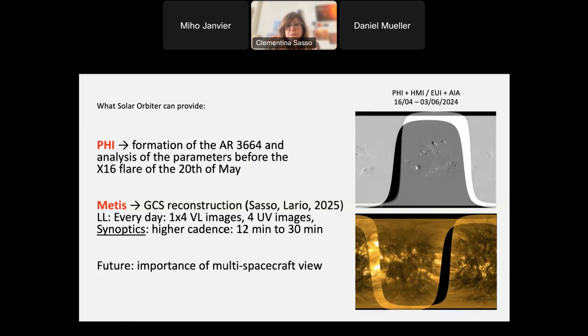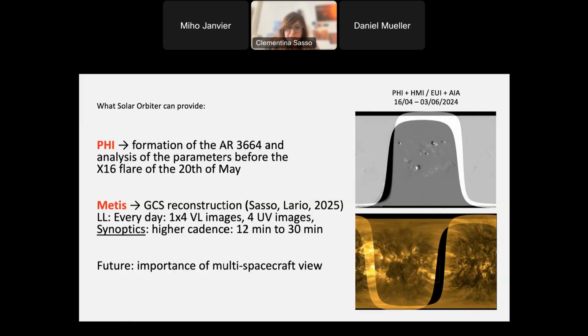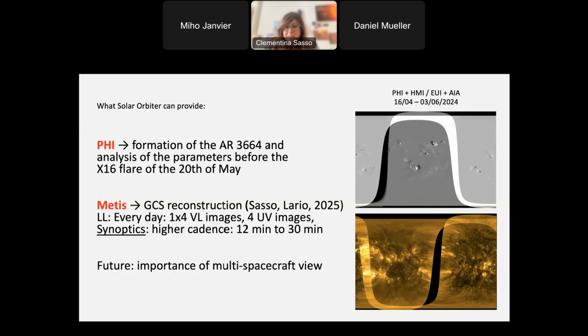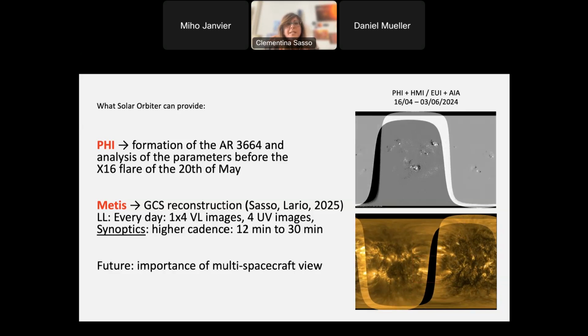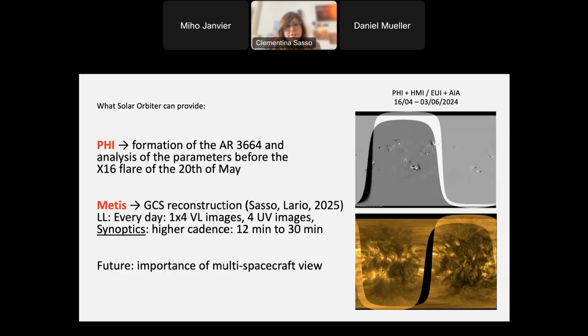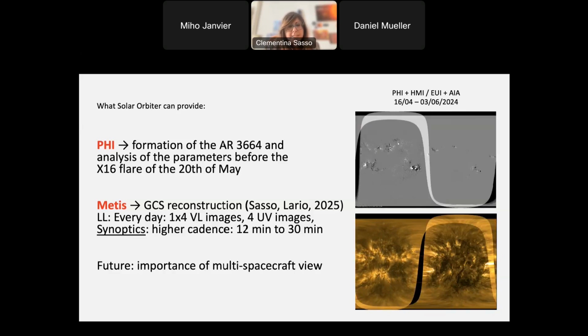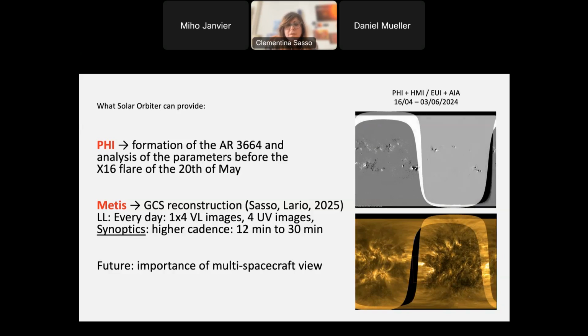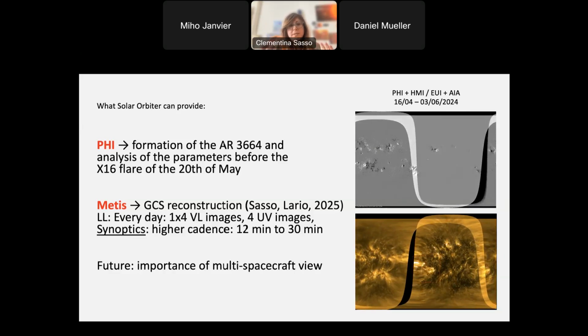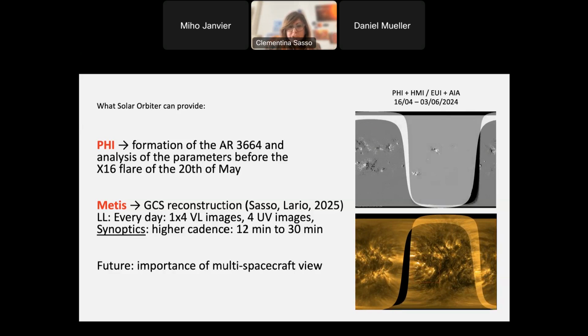And it was possible to see the formation of the active region that was seen by Solar Orbiter, and also when the active region gave the highest energy flare. There is an X16 that was the 20th of May when the active region was on the other side of the sun.